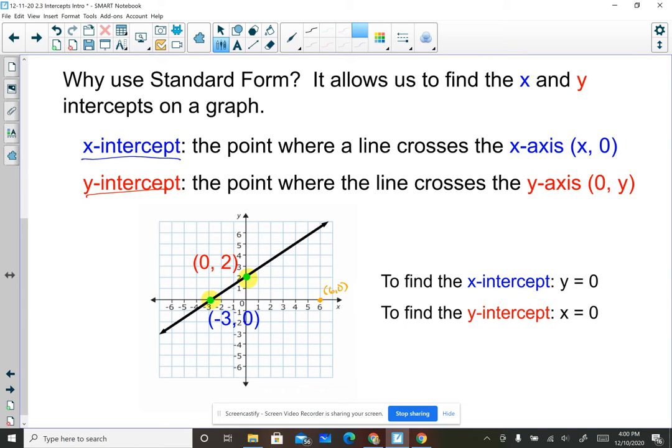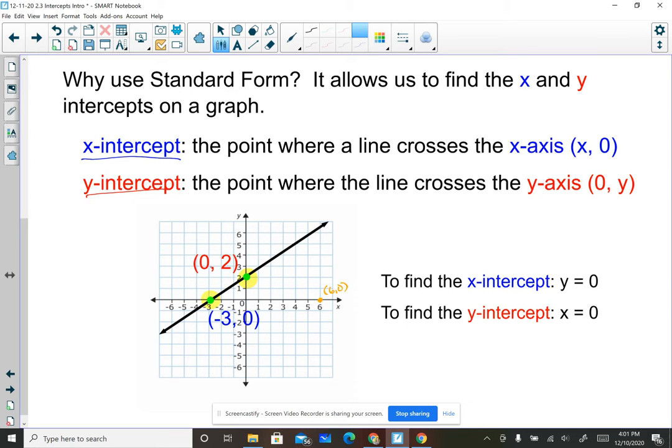In order for us to find the y-intercept, which is up here in red, the x has to be 0. And that is true for any ordered pair on the y-axis. Right here, you can see that the x has to be 0, because to get to this point, you go over 0 on the x-axis and up 2.